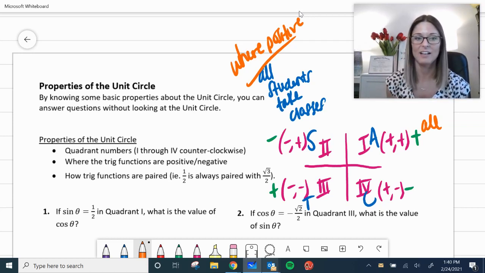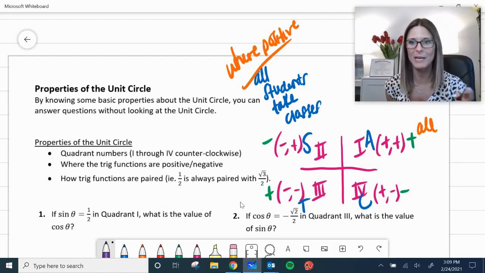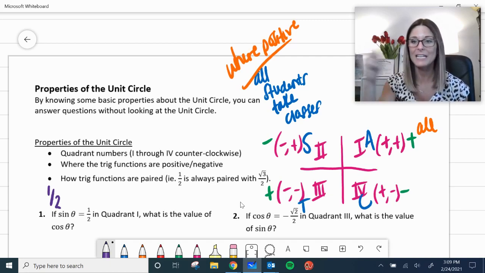Okay, the third thing that you need to know to help you answer these questions is how your trig functions are paired. These are the things where I keep saying the special marriages. They are always paired this way. I try to highlight them from time to time. For example, 1/2, if that is your sine or cosine value, it's always paired with square root of 3/2 and vice versa.